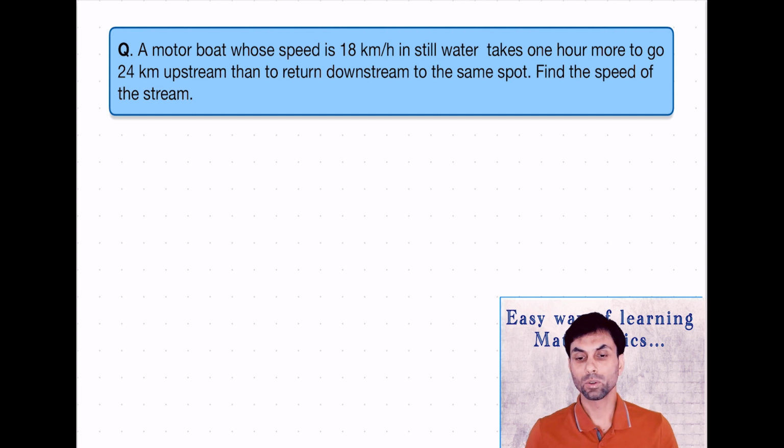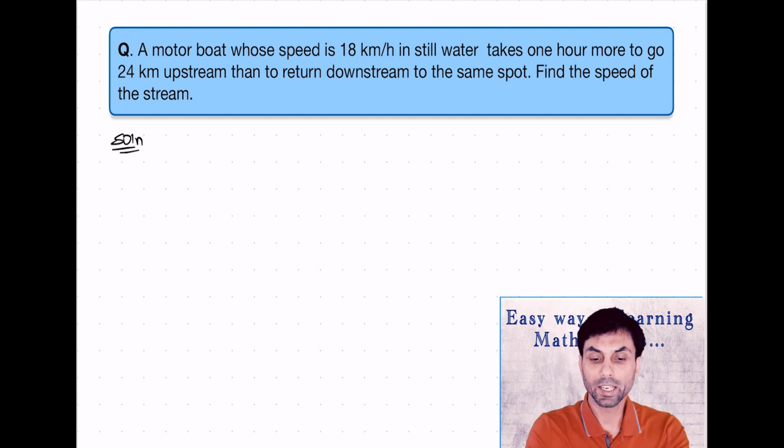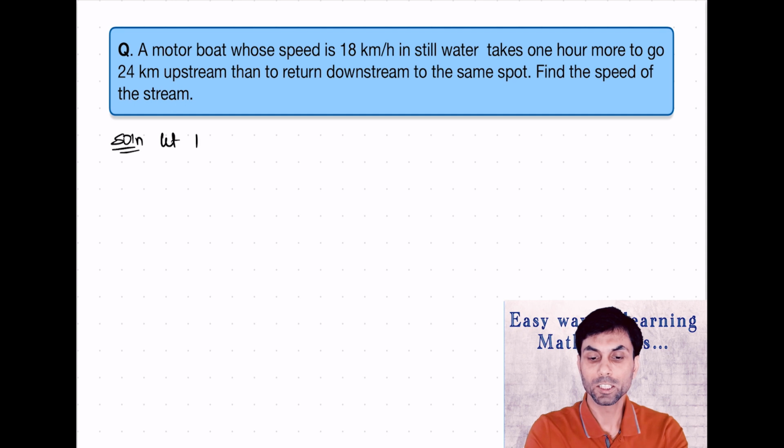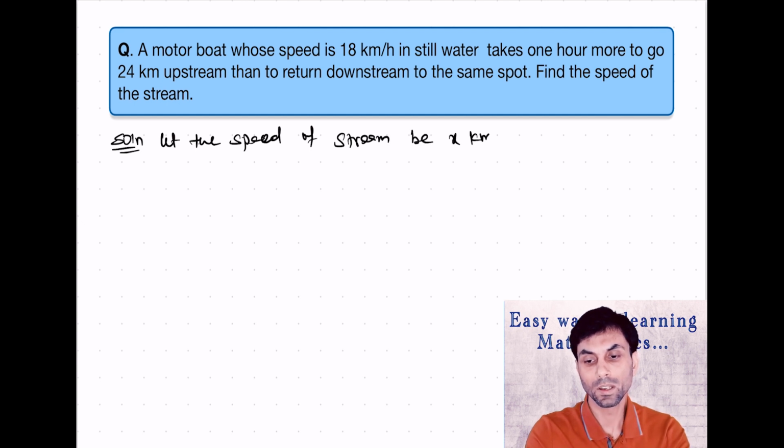A motorboat whose speed is 18 km per hour in still water takes 1 hour more to go 24 km upstream than to return downstream to the same spot. Find the speed of the stream. So in this case, let the speed of stream be x km per hour.